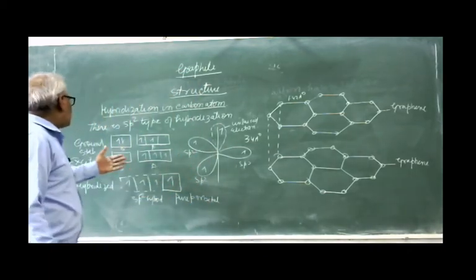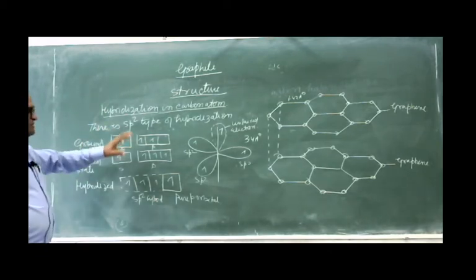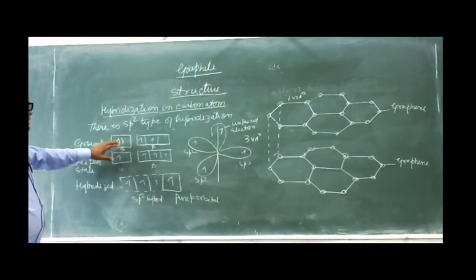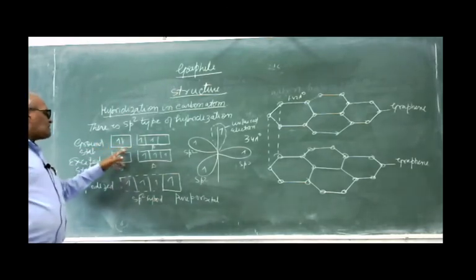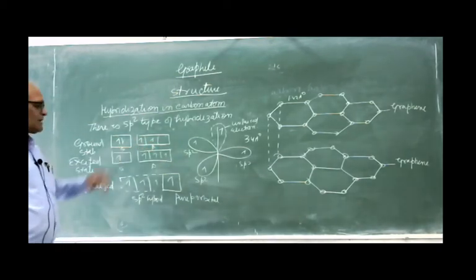How does hybridization take place? Suppose this is the ground state of the carbon, you know, valency electrons in carbon, they are distributed 2 electrons in s atomic orbital and 2 electrons in p atomic orbital.